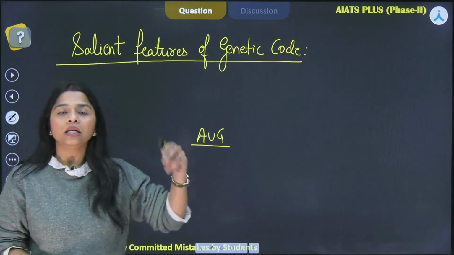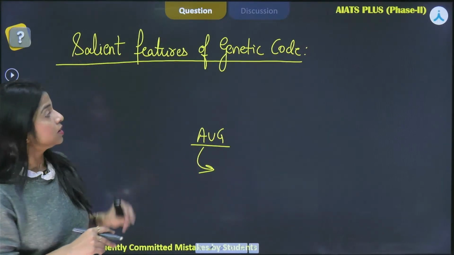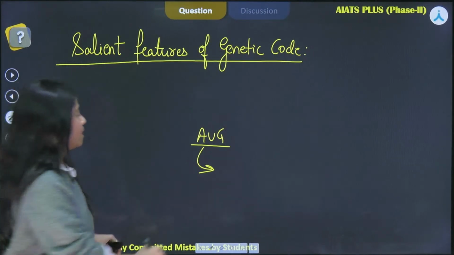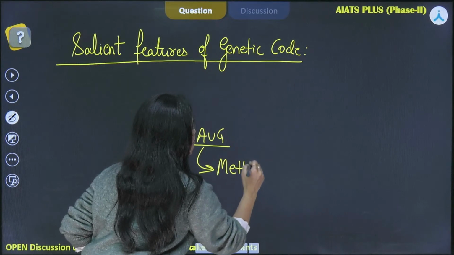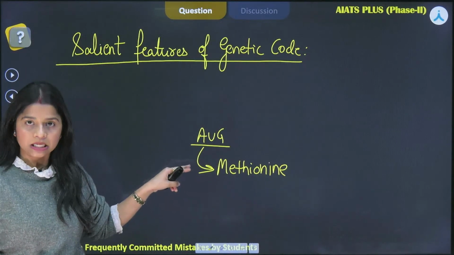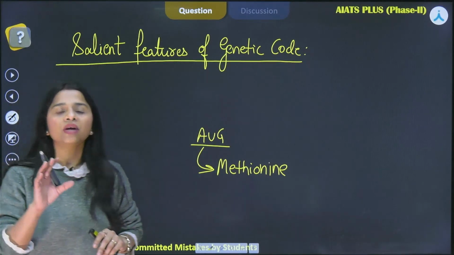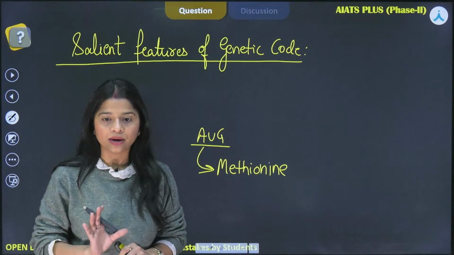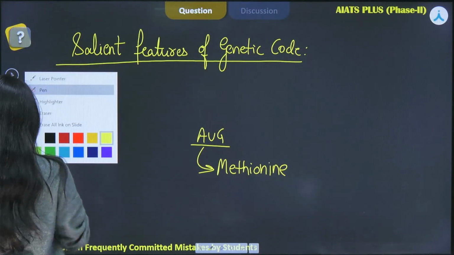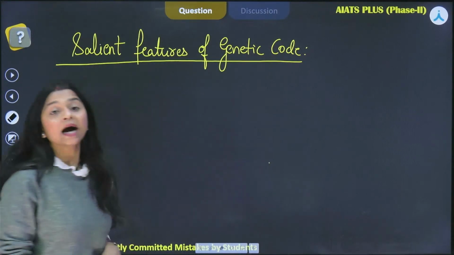This is a code for a particular amino acid, that is methionine, okay. So if this particular code is present, that means the production of methionine amino acid will take place, okay. This is what we understand by a code for a particular amino acid, okay. Yes, very good, Tanmay. The codes are used for coding the amino acids.